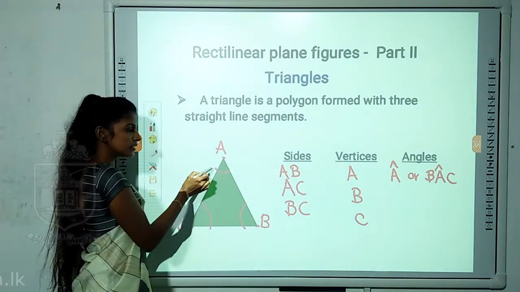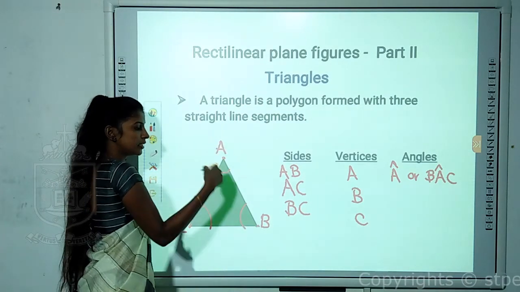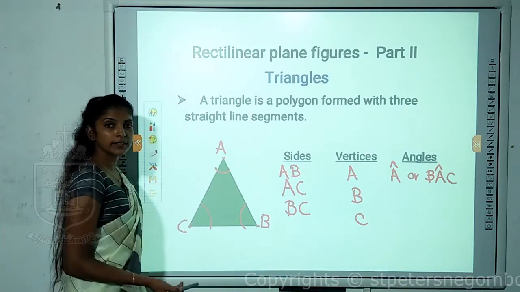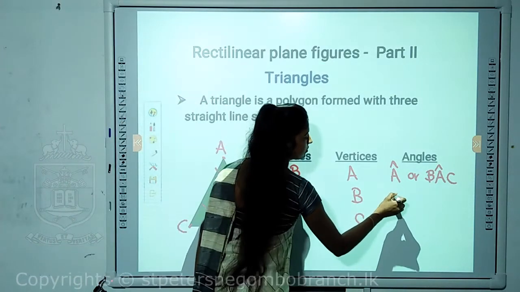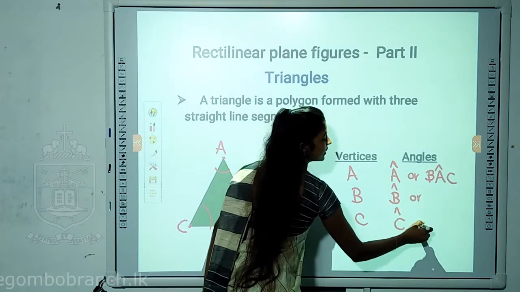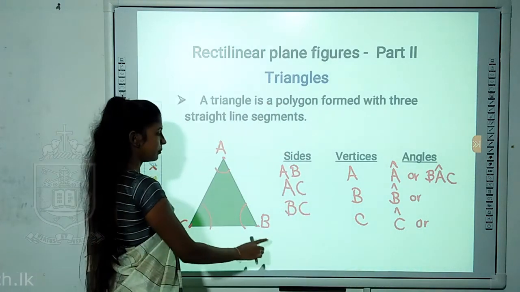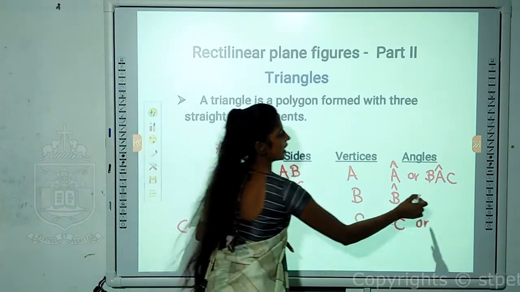If you want to represent this angle, you can start from the other vertex, but A should come in the middle, BAC angle. So that's a way of naming angles. We can name the rest of the angles also like this or the other way. That is ABC angle.